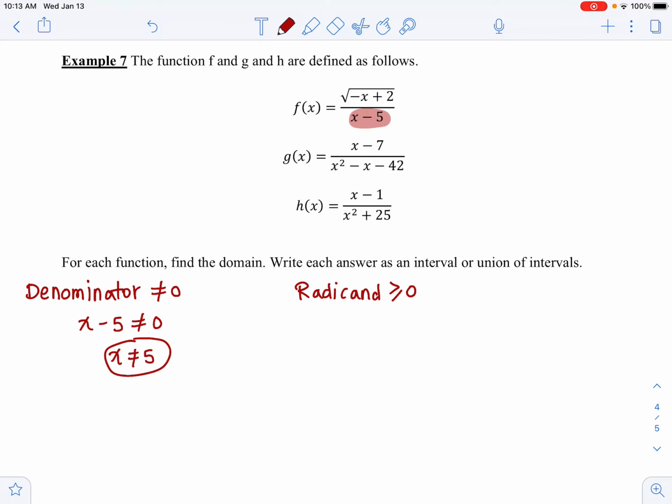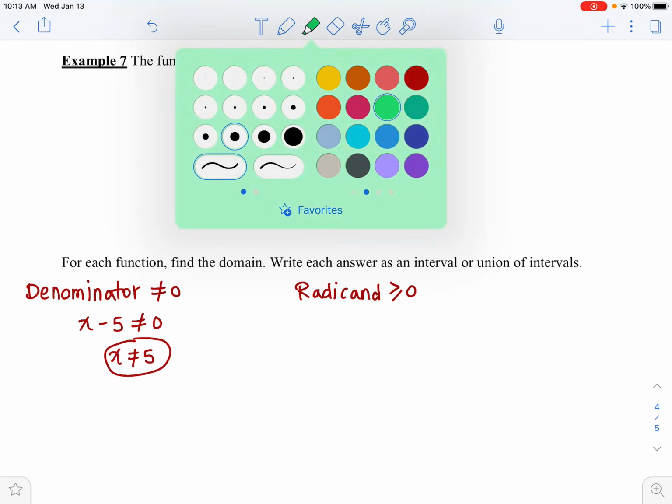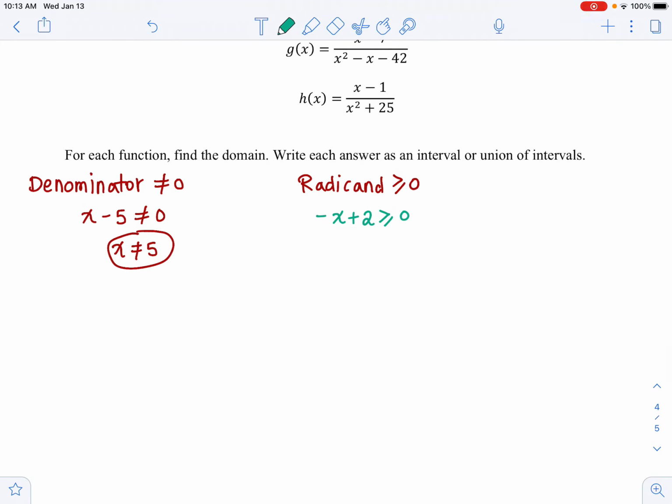All right, let's solve the other one, the radicand. The radicand is negative x plus 2. So negative x plus 2 must be greater than or equal to 0, and we're going to solve this inequality. Subtract 2 from both sides. I'll get negative x is greater than or equal to negative 2.